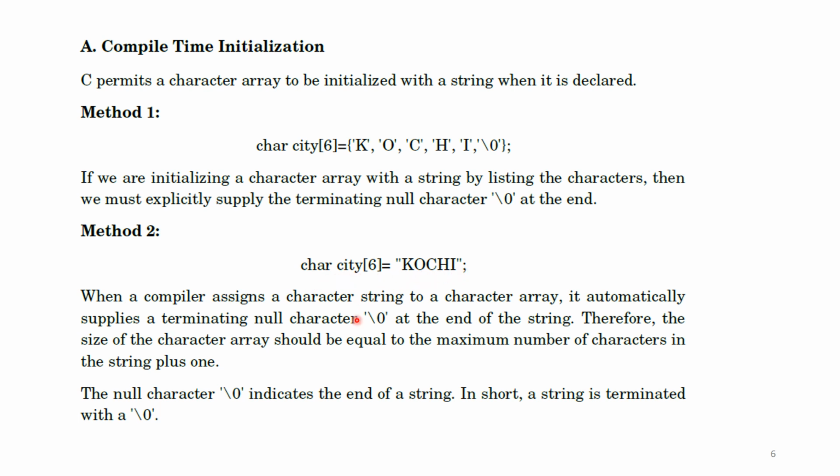Here the compiler assigns the string characters to the character array. In the second method, the compiler automatically supplies a terminating null character at the end of the string. Therefore, when you declare the size of the character array, the size should be equal to the maximum number of characters in the array plus 1.